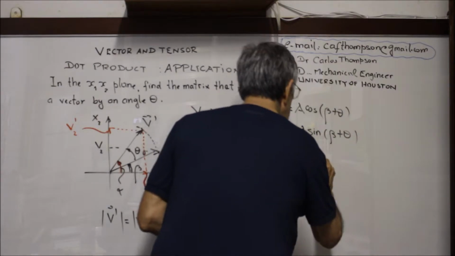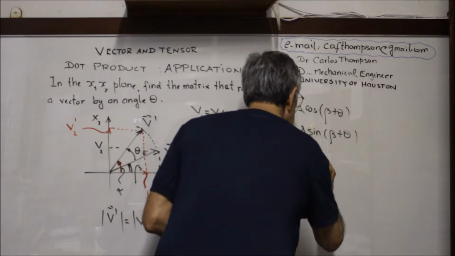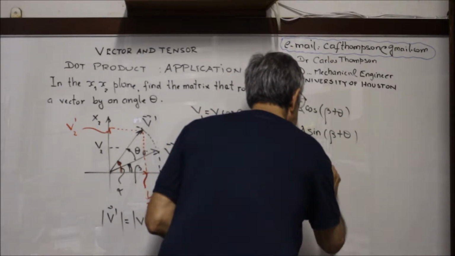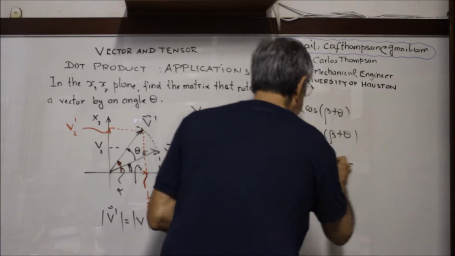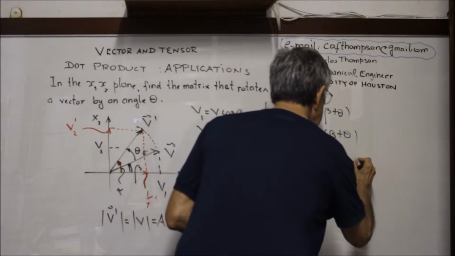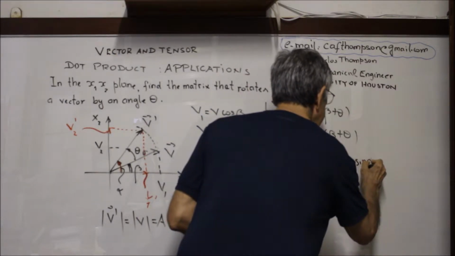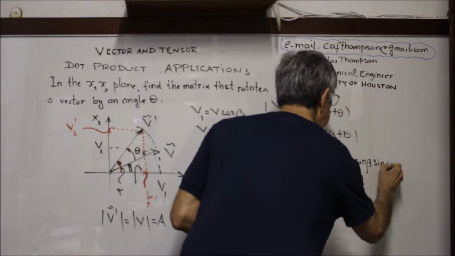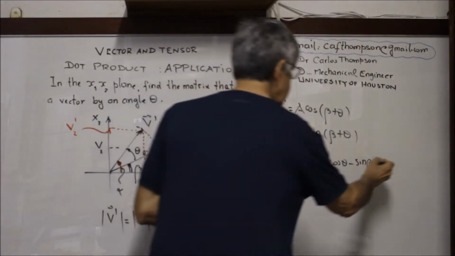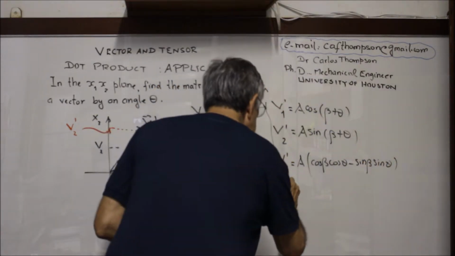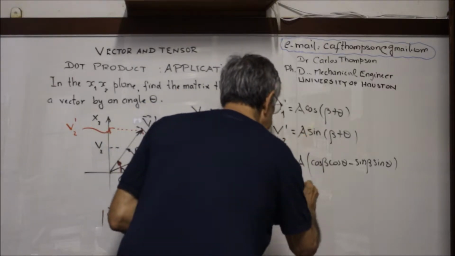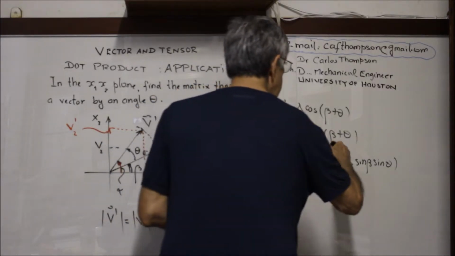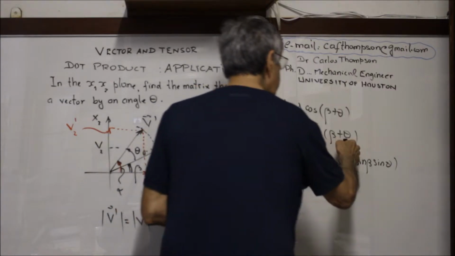This is cosine of beta cosine of theta minus sine of beta sine of theta, times A. Now, v prime 2 is A sine of beta plus theta.